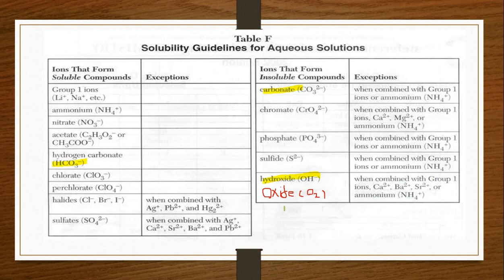It's pretty easy to predict, because oxide means rusting the substance, and a rusting substance couldn't be soluble. It doesn't make sense. So it is insoluble except in here.